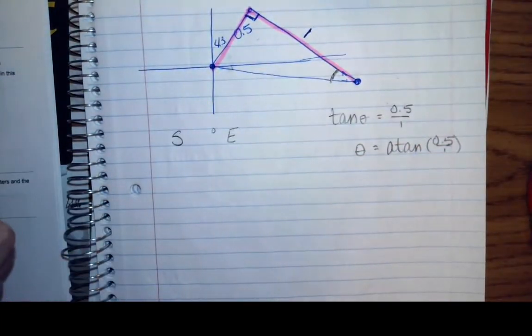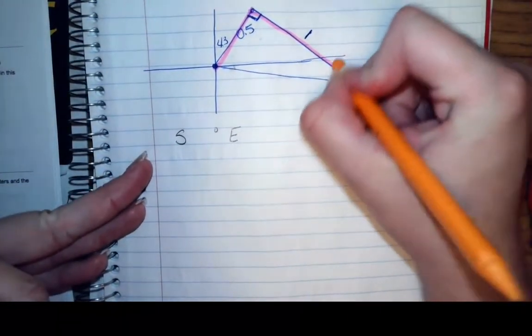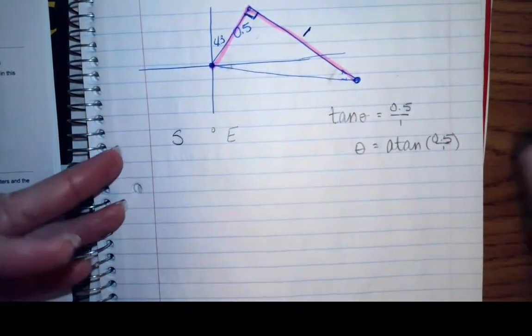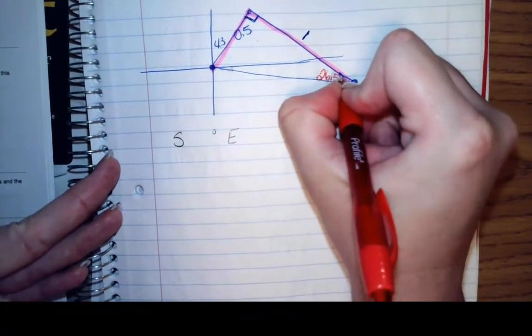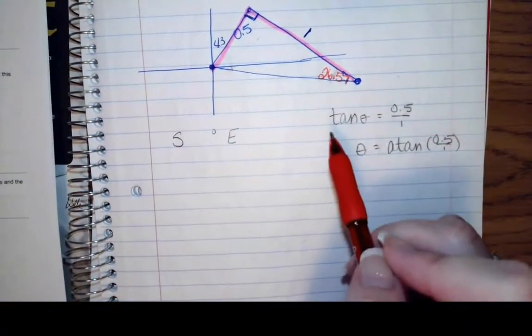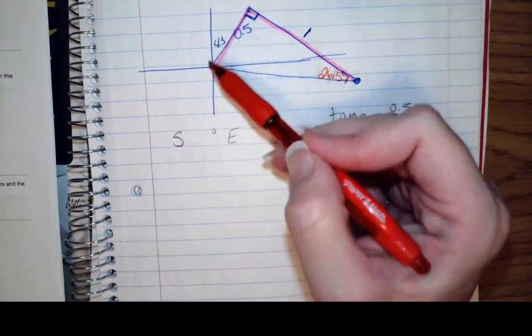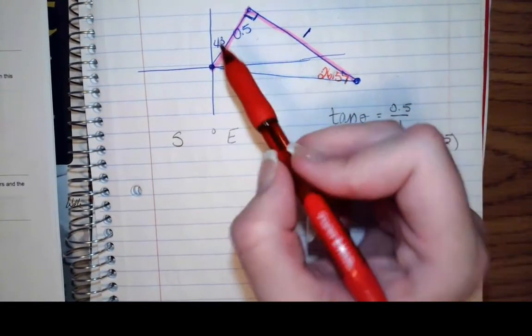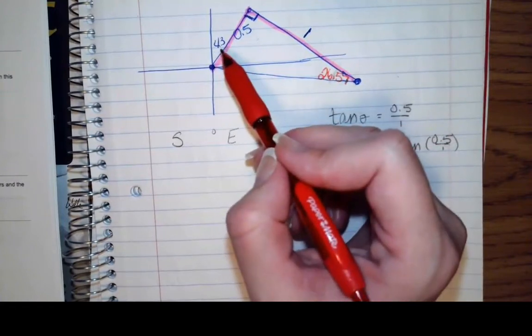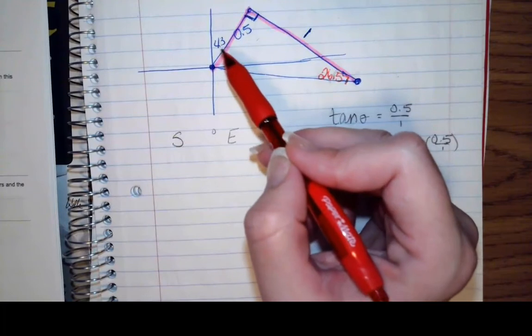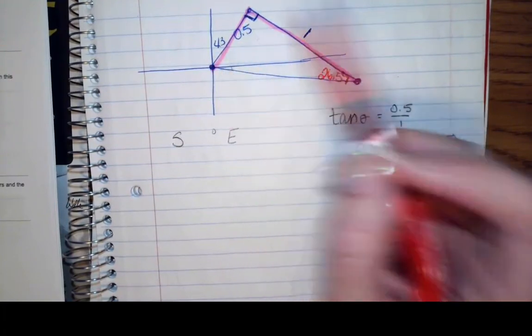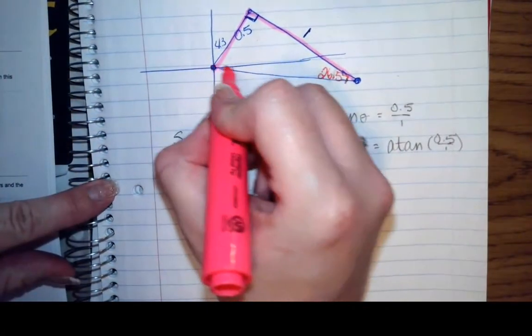So this is 26.57 degrees. Well, now I need to know, I know this part is 43. I can now figure out this entire angle in this bigger triangle.